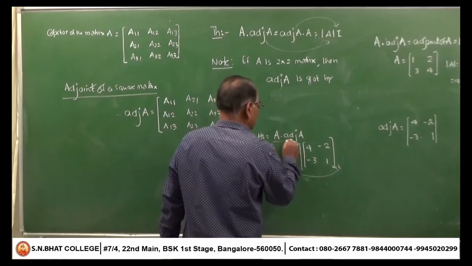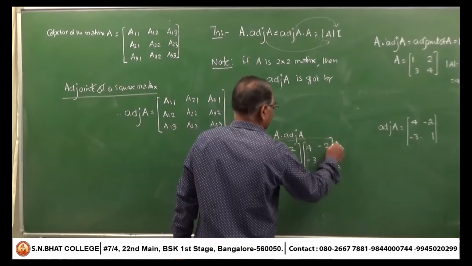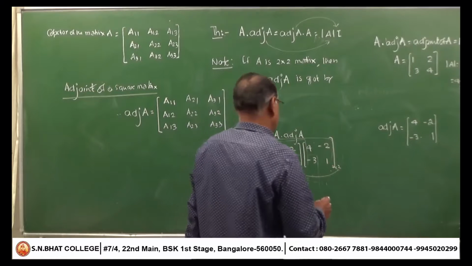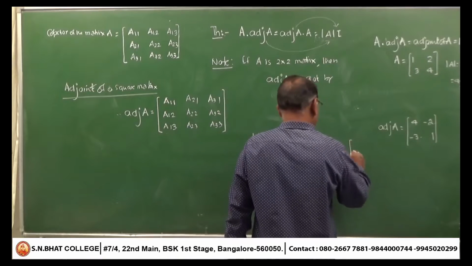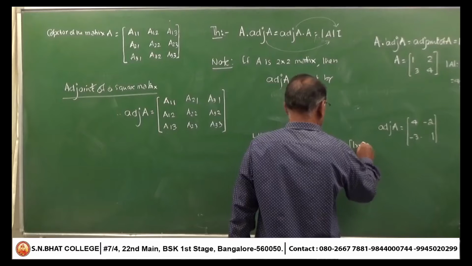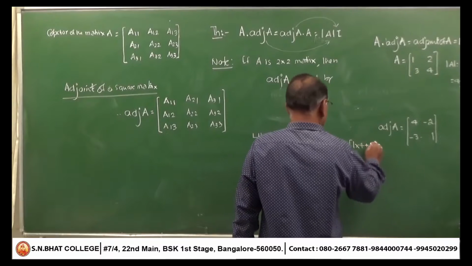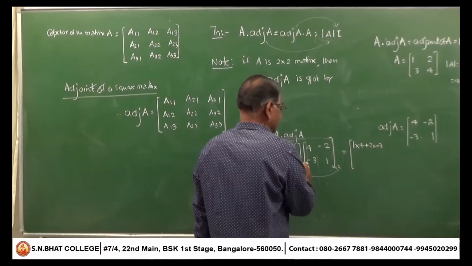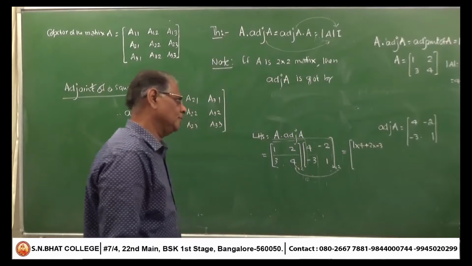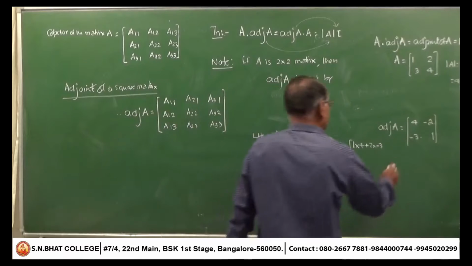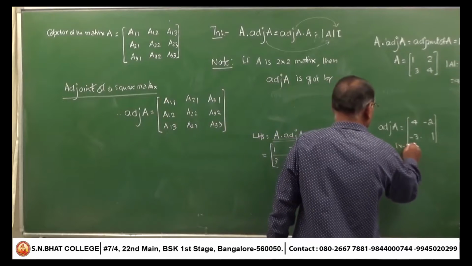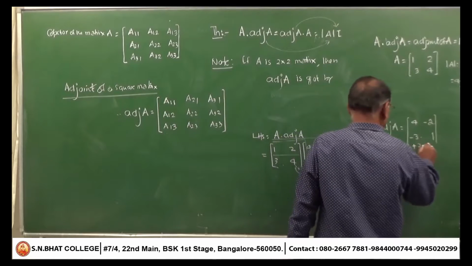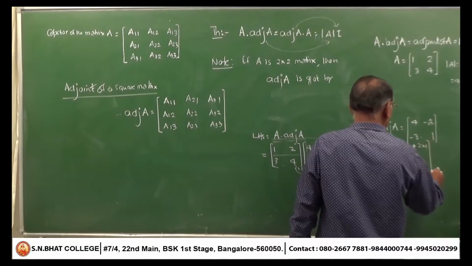First row, first column: 1 into 4 plus 2 into minus 3. First row, second column: 1 into minus 2 plus 2 into 1.